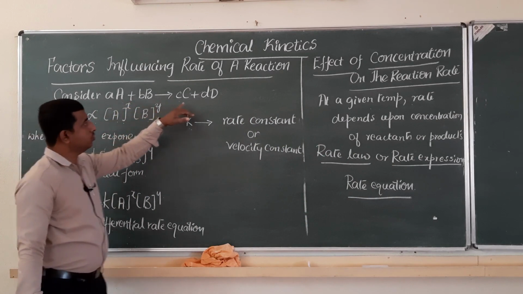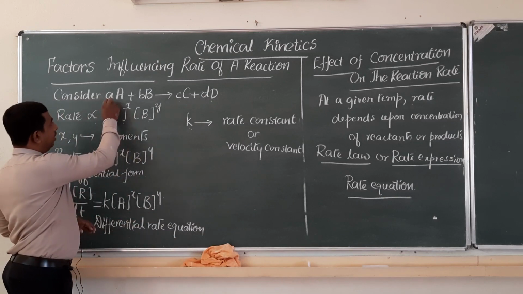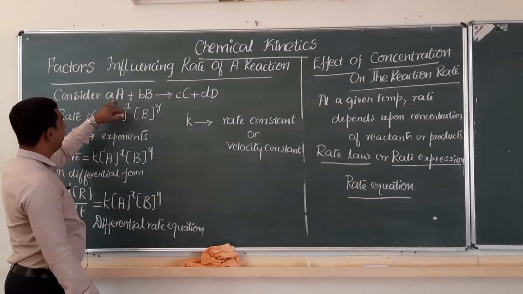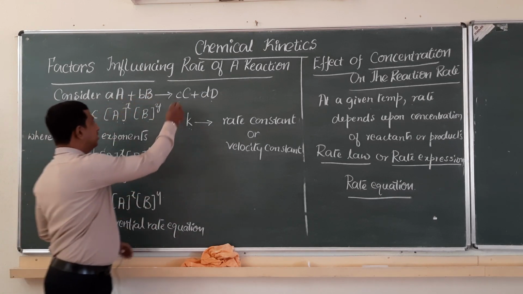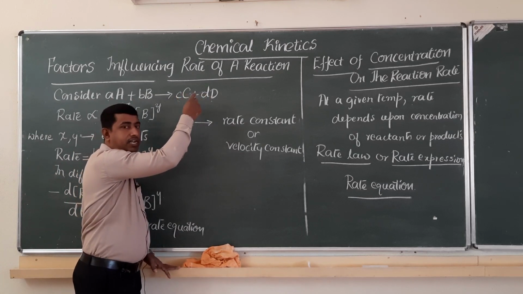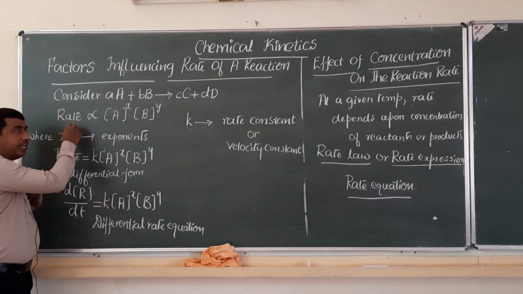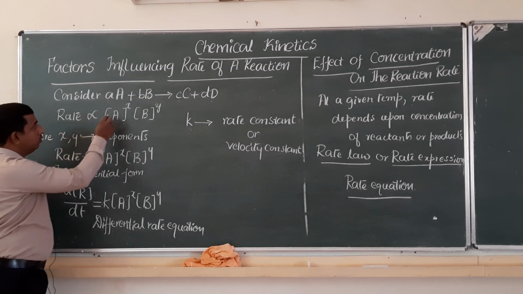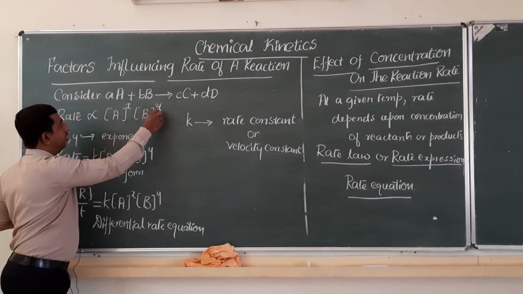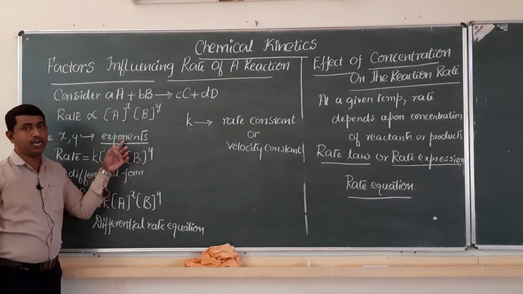They react to produce the products C and D. Here, small a and small b represent the stoichiometric coefficients of reactants A and B, whereas c and d are the stoichiometric coefficients of the products C and D. Now, according to the law of mass action, we can write: rate is directly proportional to the concentration of A raised to the power x, concentration of B raised to the power y, where x and y are exponents.